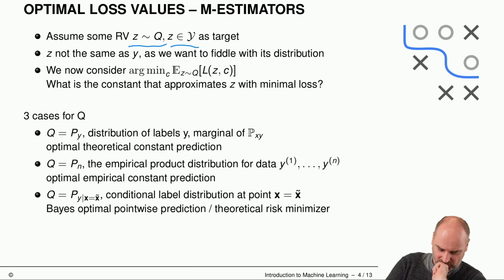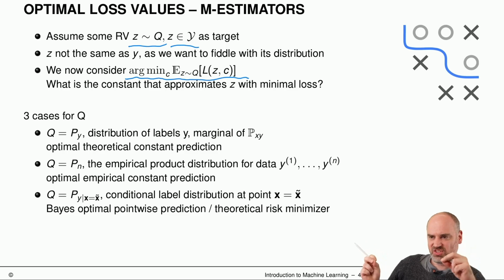The type of problem I now want to consider is: what is the expectation of a loss measured between this random variable z and some constant c? So the idea is, can we talk about an optimal constant, which is loss optimal when we associate it with that distribution in expectation?